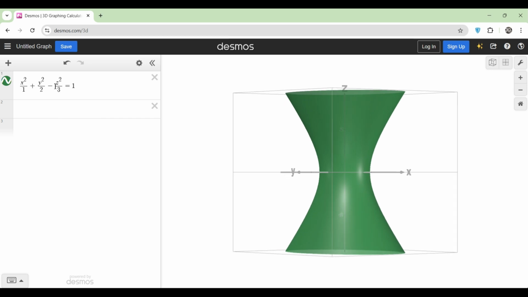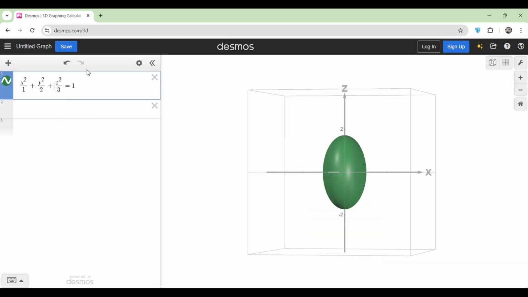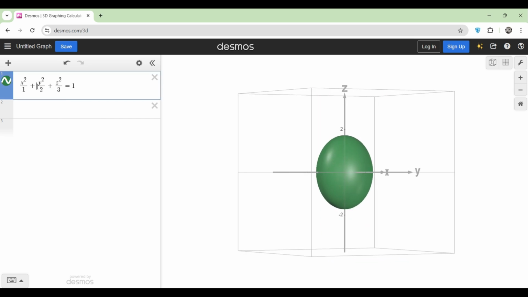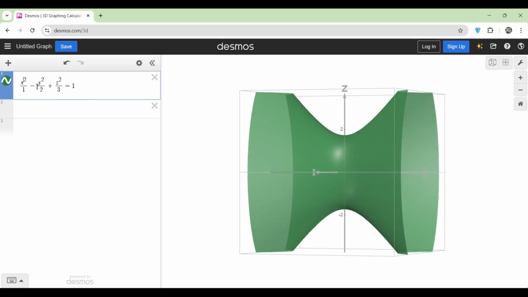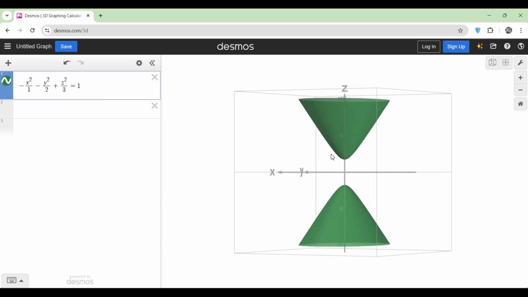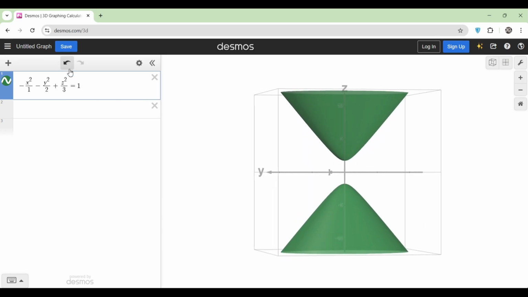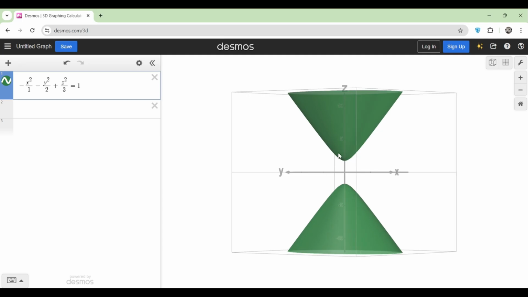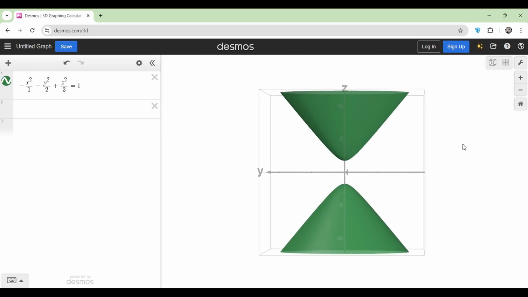Let's talk about the hyperboloid of two sheets. This one is going to be quite similar to the hyperboloid of one sheet. Okay, this is a hyperboloid of one sheet. Let's analyze the traces. In the YZ trace here, there's no X, so it's going to be Z squared minus Y squared.